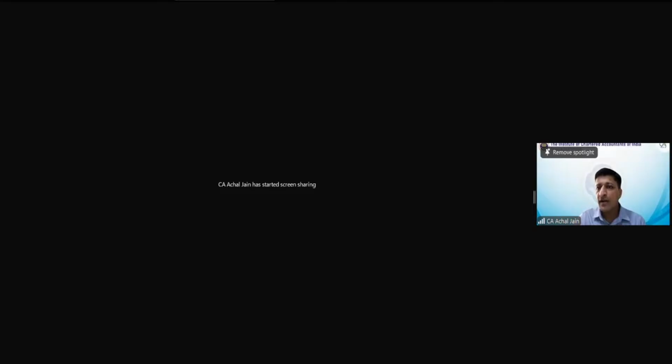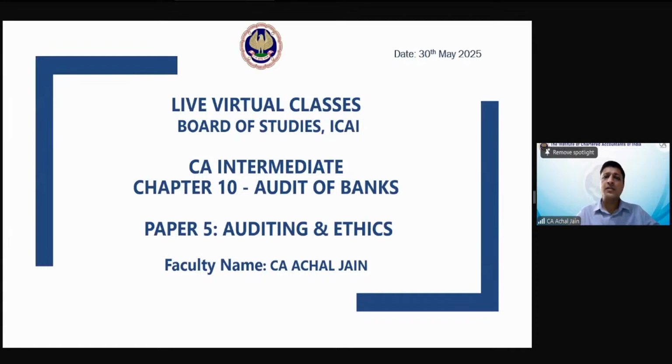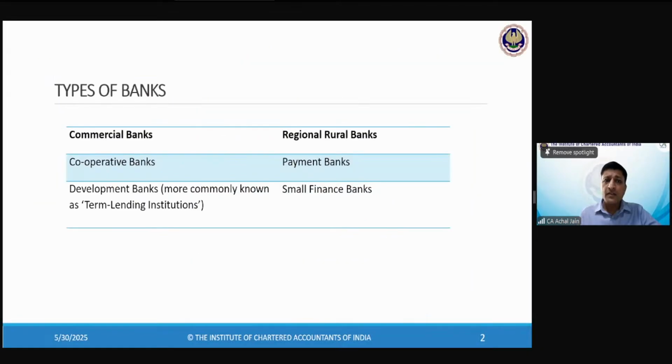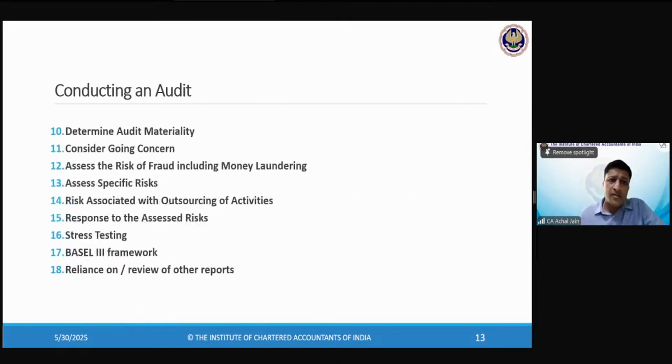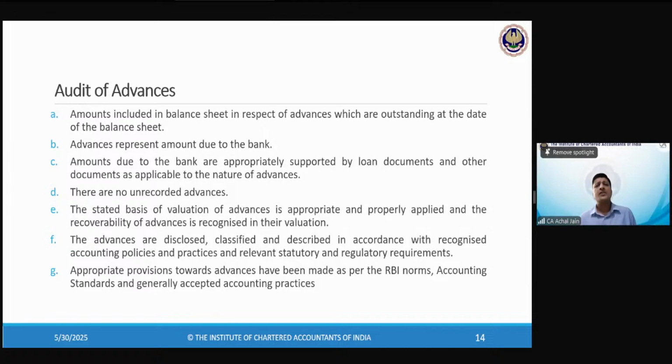So, in the previous session, we discussed a very important area, which was advances, right? Now, as regards advances, we looked at the financial statements of a bank. When it comes to advances, that's a very important area.